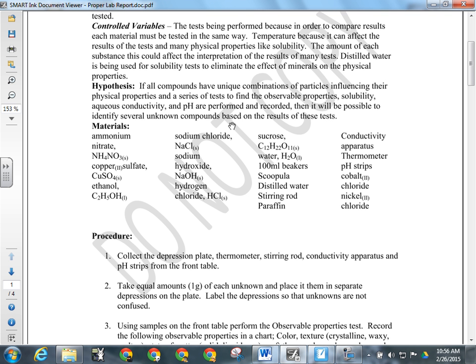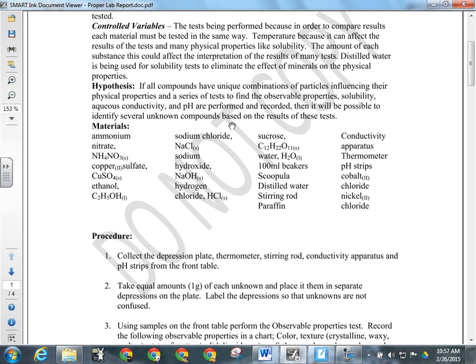Which mentions nothing about the most important part of this experiment, which is that everything has unique physical properties. If your hypothesis doesn't say that, you're never going to answer the problem. Because the problem says, can you identify things based on their physical properties? If your hypothesis doesn't mention that, you're never going to know. Okay, you guys with me there?